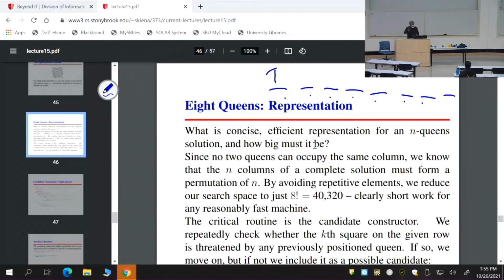Suppose I put my first queen in the first spot. What are my choices for the second spot? It's clear I can't put another queen in the first spot again. Why? Because that means that they're in the same column and they'll attack each other, right?